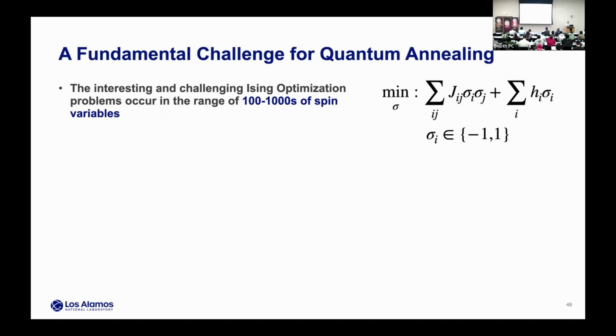So there is a fundamental challenge for quantum annealing. It's going to this question about the theory. All of the interesting Ising optimization problems I know occur around 100 to 1,000 spin variables in the classical Ising space.